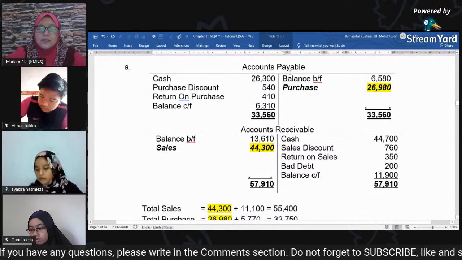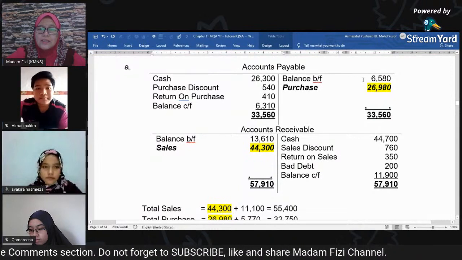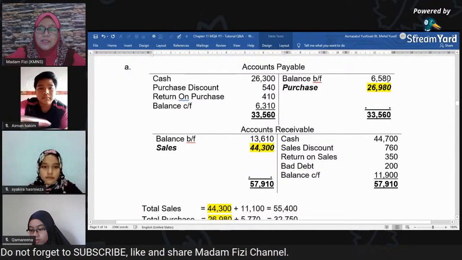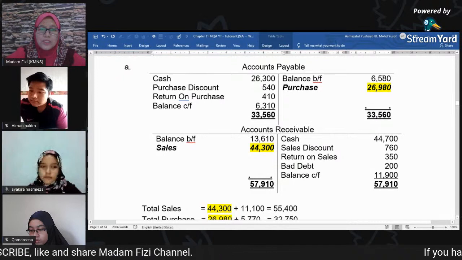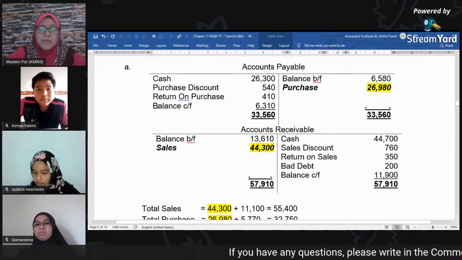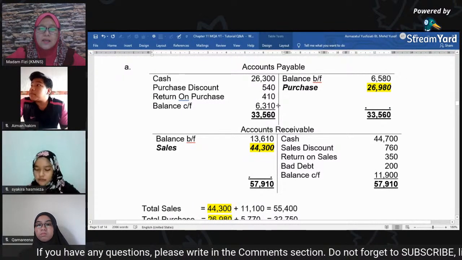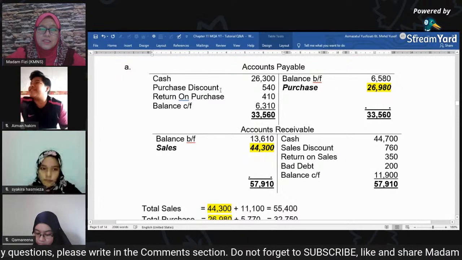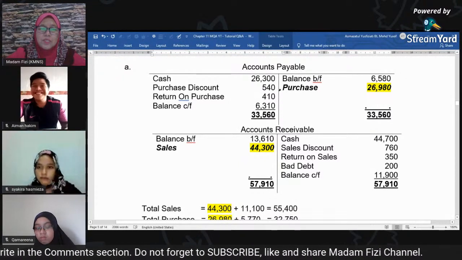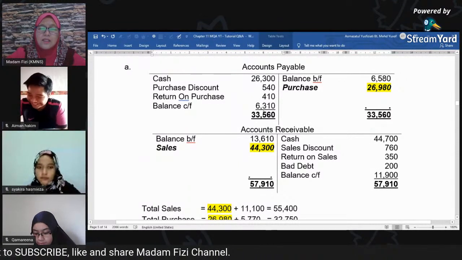Okay, so the balance brought forward is at the credit side, 6,580. This one you can get from the question. Okay, and the balance carry forward is 6,310. And then it has a purchase discount, 540, and purchase return, 410.